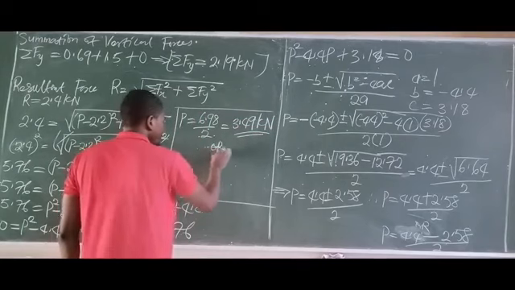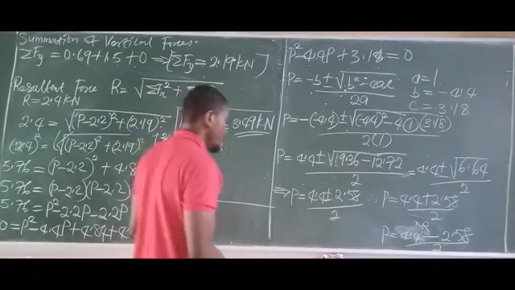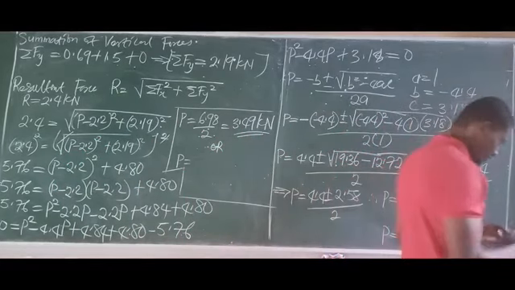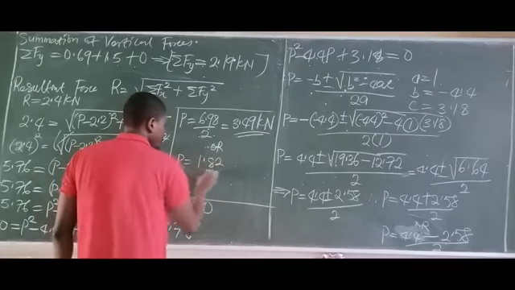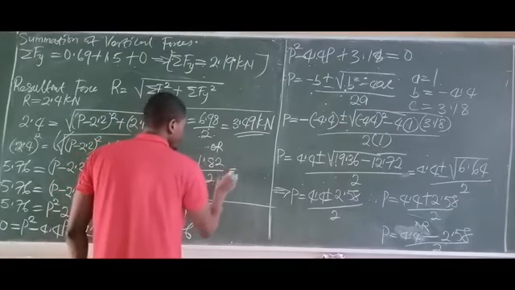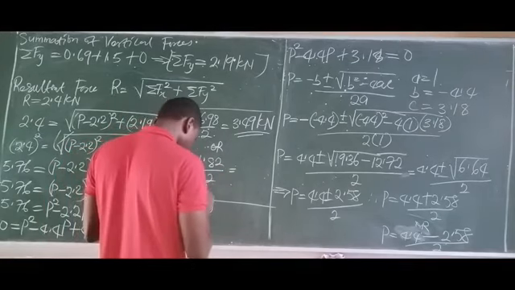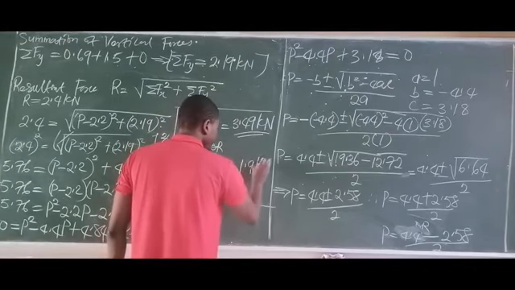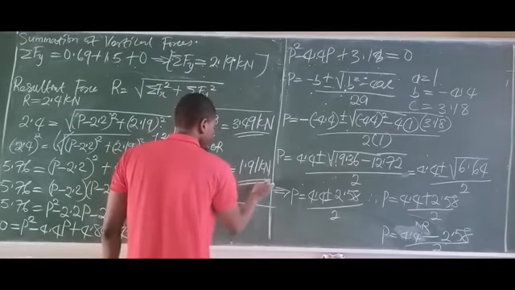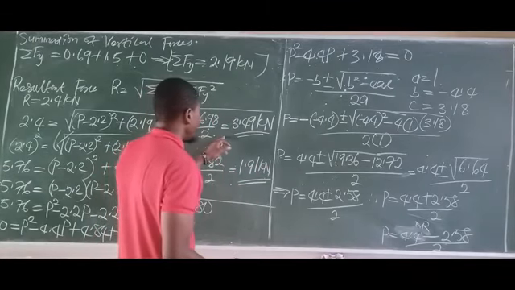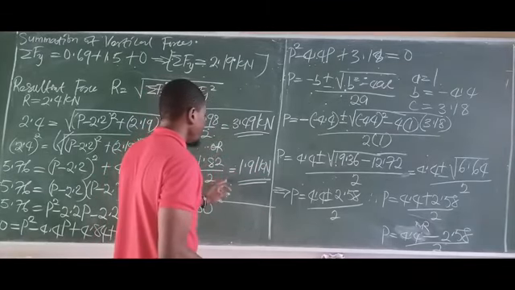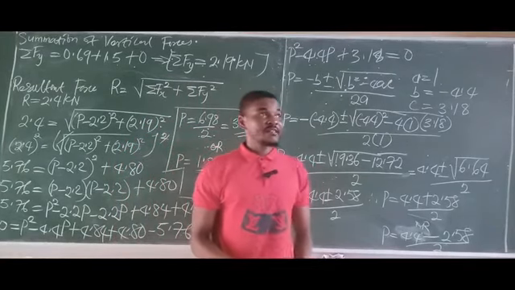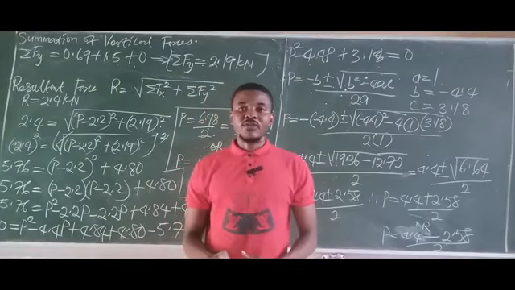Or P is equal to, considering the second arm, 4.4 minus 2.58, which gives us 1.82 divided by 2, which is 1.91 kilonewtons. So P can either be 3.49 kilonewtons or 1.91 kilonewtons. Those are the two values of P required in that given question.